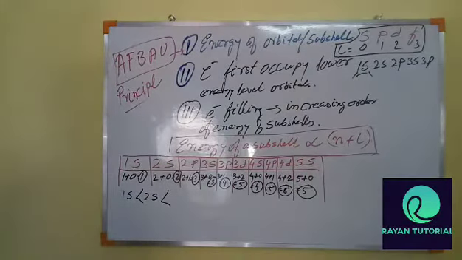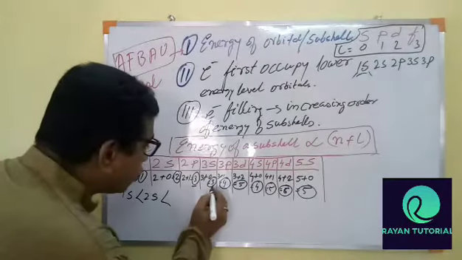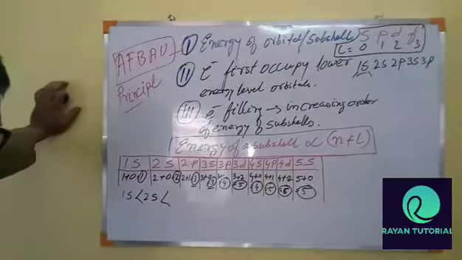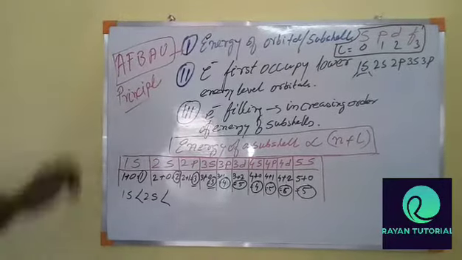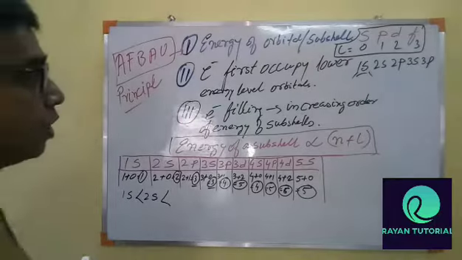Now see, now the problem arises. This is also 3 and this is also 3. Right? Then what to do? So there is one more rule.